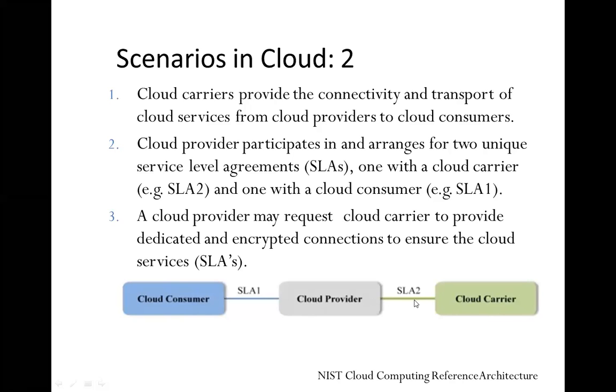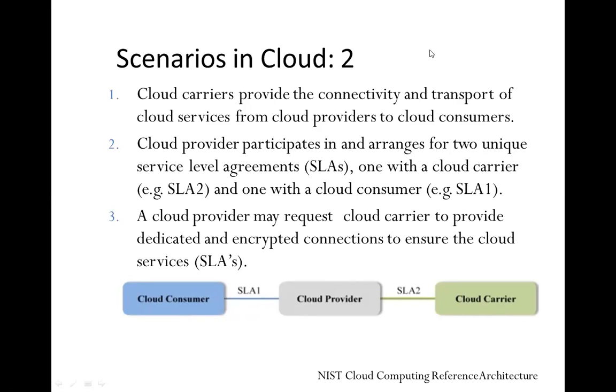It will ensure proper delivery to my customer. So if the carrier provides an encrypted service to this provider, whenever the provider provides services to the consumer, they will be encrypted and more secure.